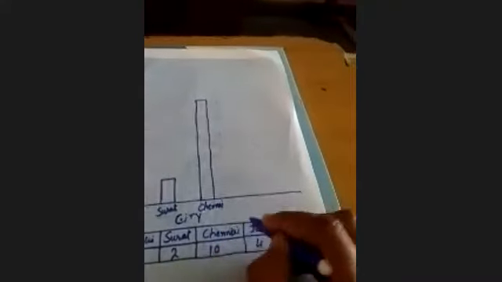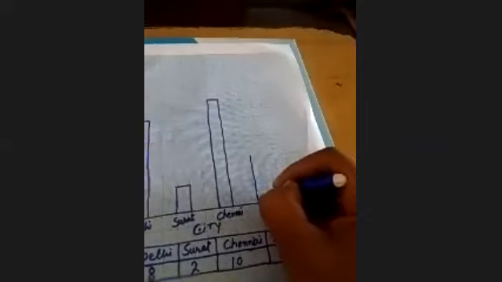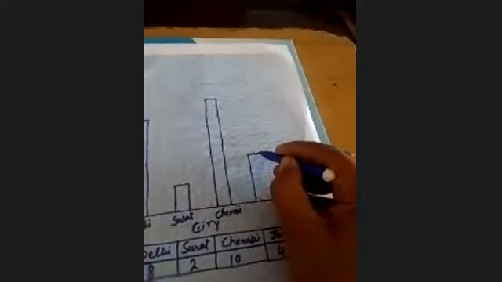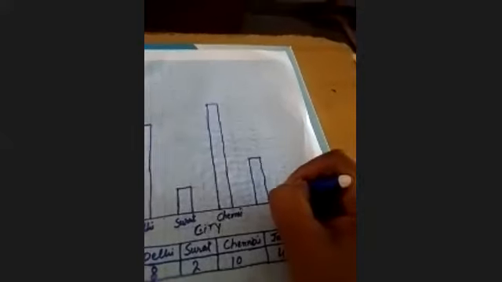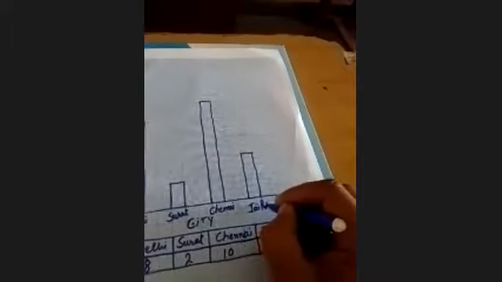Now city is Chennai. Next leave 2 columns, then Jaipur. In Jaipur, 4 salesmen. 4. Jaipur. And last city is Kolkata.